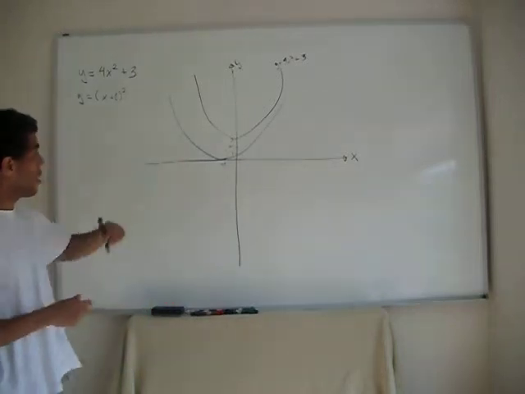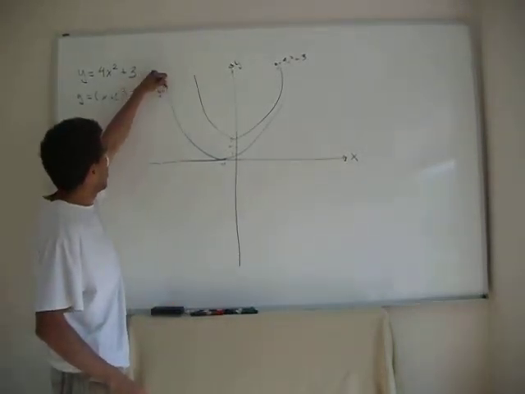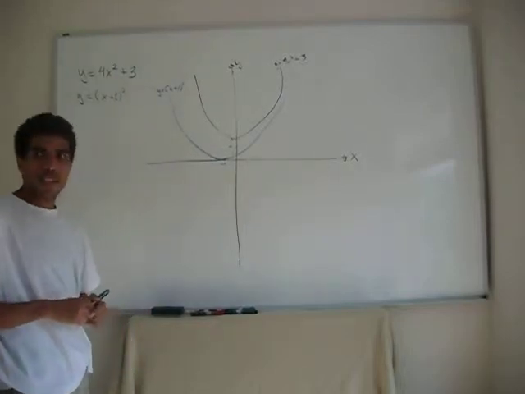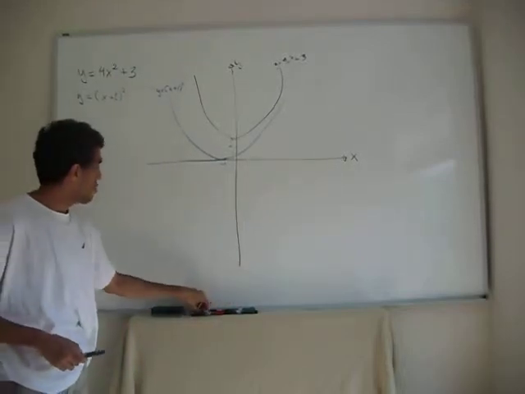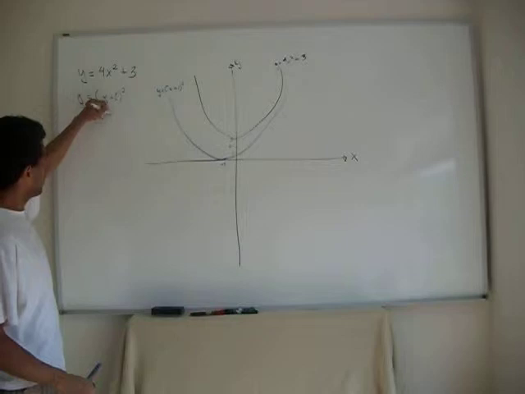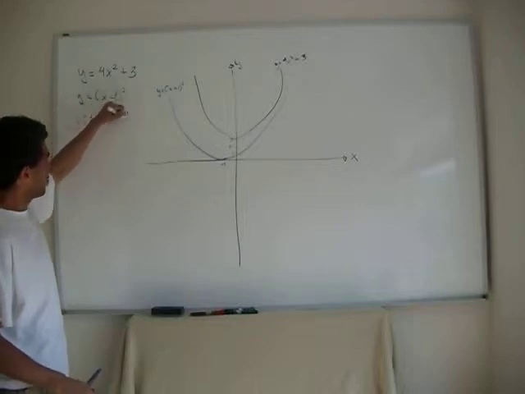Okay, this is y equals x plus 1 squared. Let's do another example. y equals x minus 1 squared minus 1.